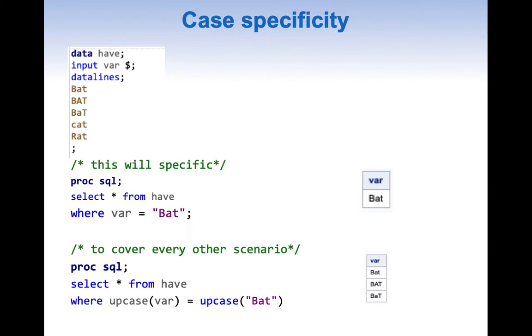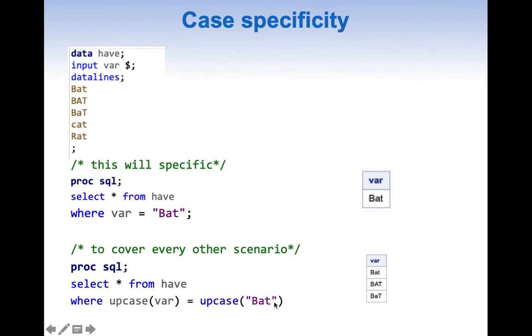What do I mean by that? Values in rows are case specific for character variables. So if we want all the three rows to be captured, we need to upcase the variable, and also upcase the value.